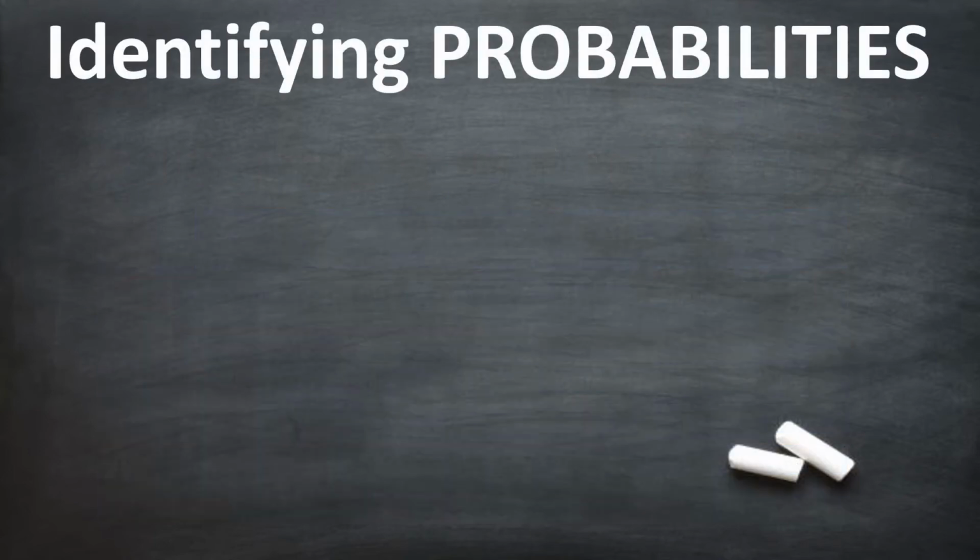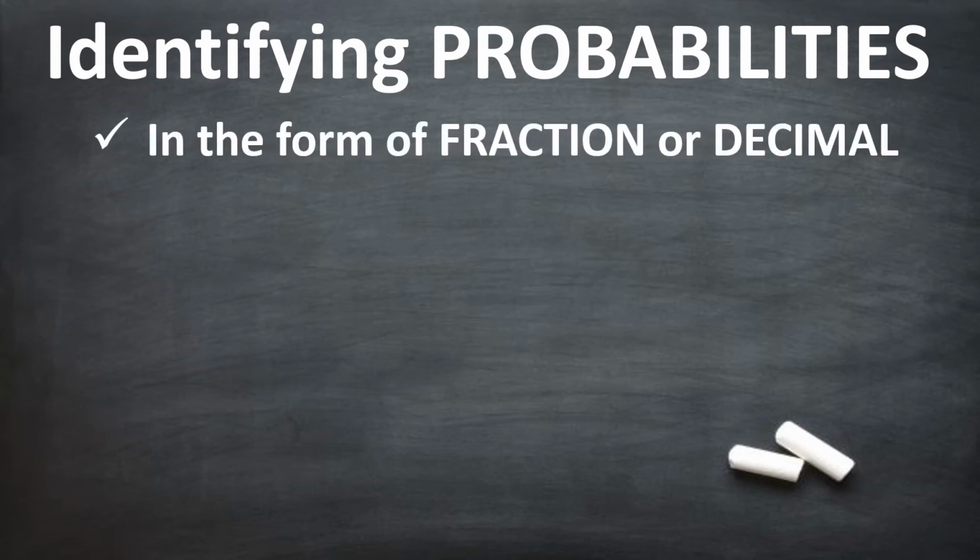Now that we are done identifying the sample spaces, we can now identify the probabilities of certain events given a certain experiment. But before we identify probabilities, let us first define probabilities numerically speaking. So first, probabilities are in the form of fraction or decimal.